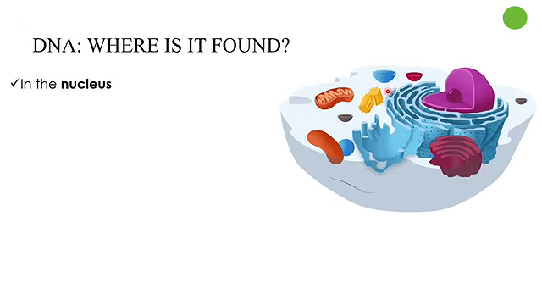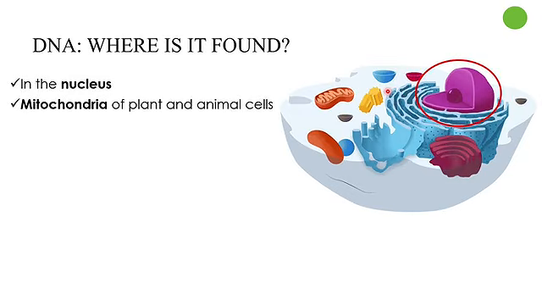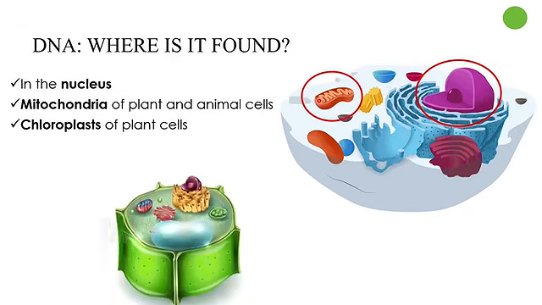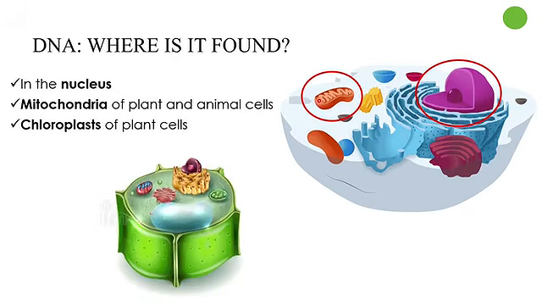However, when we look at other places where it could be found, we can also find it in our mitochondria, which is the structure here, as well as the chloroplasts, which are found in plant cells. This is probably one that you might not have learned about in grade 10, but definitely a place where we can isolate it from, that you should know of for grade 12 level.